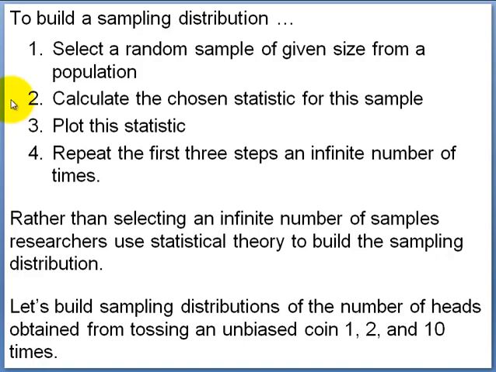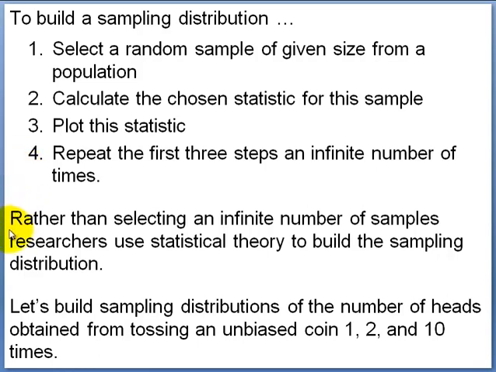So you'd calculate the statistic and then you would plot the statistic. And then the fourth step would be to repeat the first three steps an infinite number of times. So you'd choose an infinite number of random samples of the same size, you'd calculate and then plot the statistic of choice, and then you would repeat those steps infinitely.